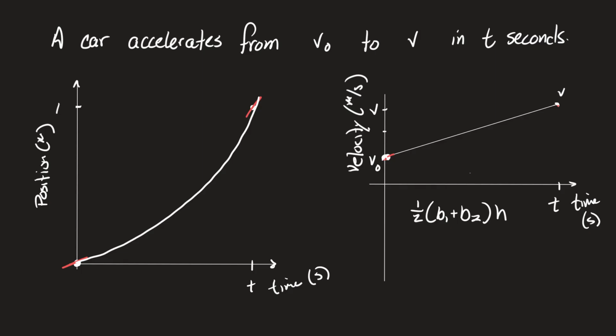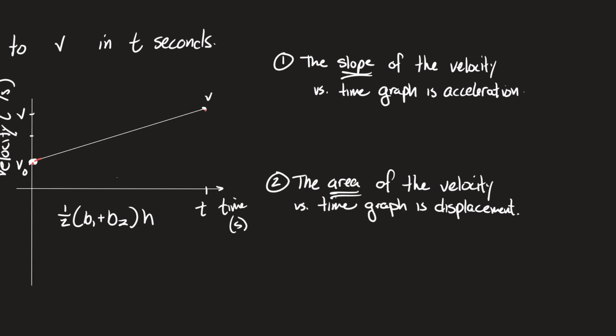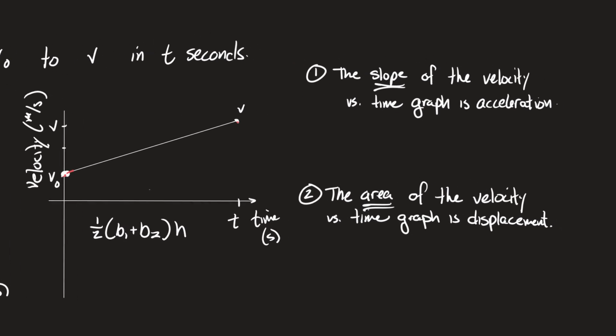This over here, delta x. Or better yet, we could write this as x here and x naught there. Now, we can do the exact same analysis that we did just a minute ago. The slope of the velocity versus time graph is acceleration.